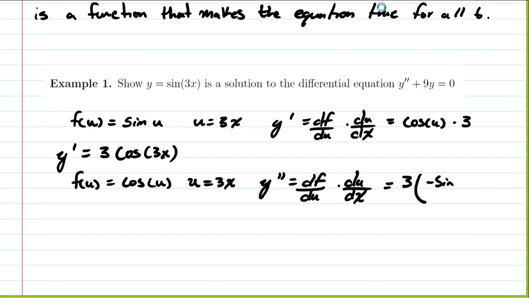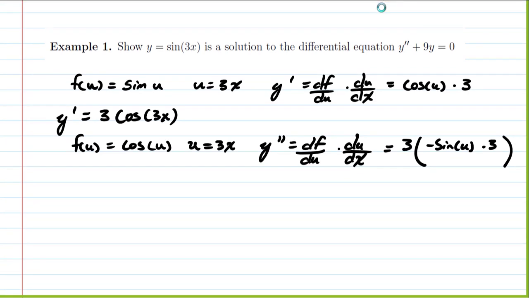So we get negative sine u times du dx, which is 3. So then we get our derivative and back substitute. So y double prime is 3 times 3 times a negative, which gives us negative 9 sine u, but u is 3x once again. So the second derivative of sine 3x is going to be negative 9 sine 3x, right?